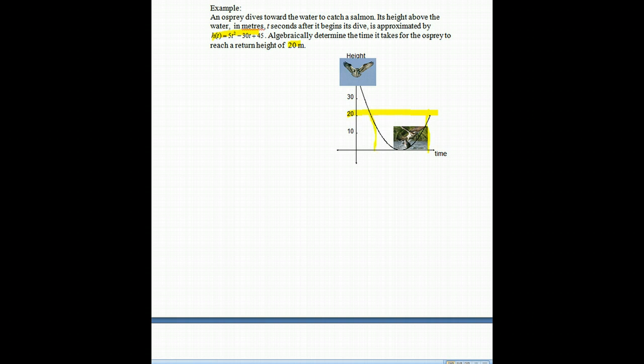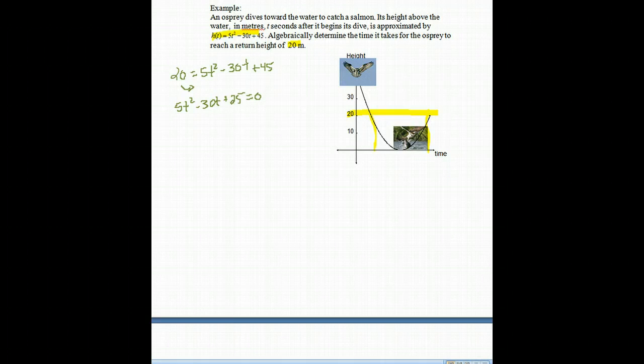20 meters is your new height, so you put that in for the equation. So you bring your 20 across. And you will be left with 25.